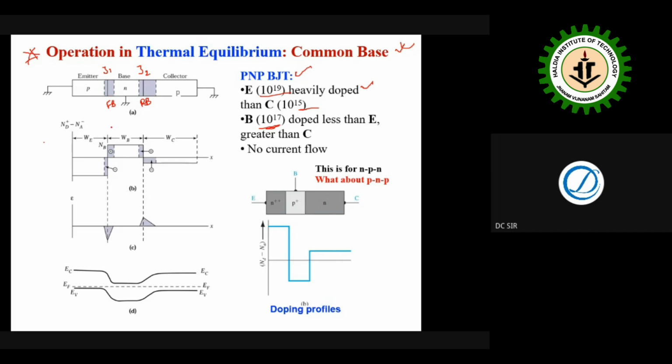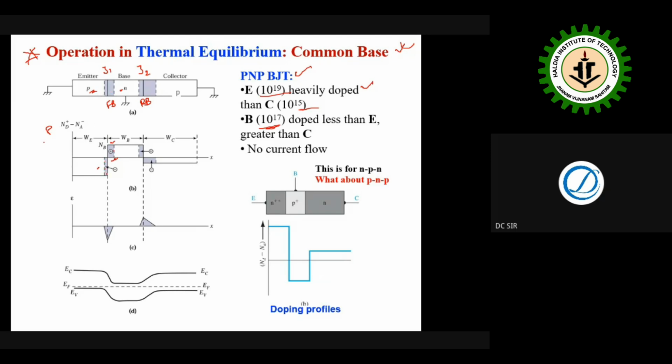how do you form the depletion layer? In the same way, this is the charge, this is the charge density rho, on this side and this side. Looking at the depletion layer, this side is larger than this side because this is more heavily doped than this. In the case of low doping, the depletion layer is larger than in the high doped region.